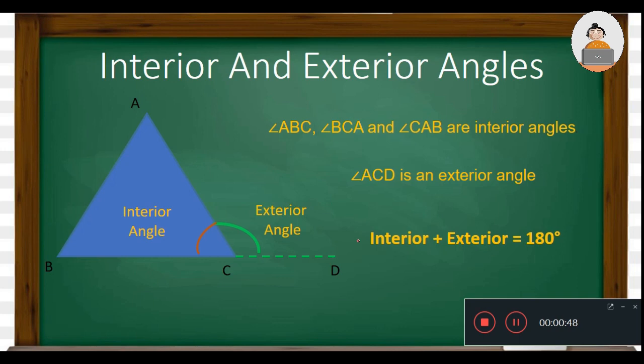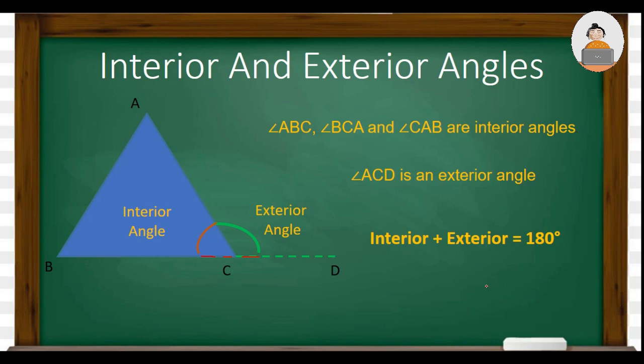So the sum of the interior and the exterior angle will give you 180 degree. As you can see, it will be a straight line, so the sum of these two angles will be 180 degree. So remember friends, the sum of the interior angle and the exterior angle will be equal to 180 degree.